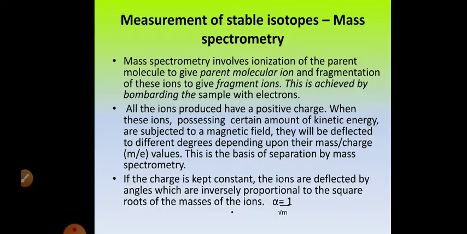If the charge is kept constant, ions are deflected by angles which are inversely proportional to the square root of the masses of the ions. That means alpha, the angle by which it is deflected, is equal to the inverse of the square root of mass, that is 1 upon root m.